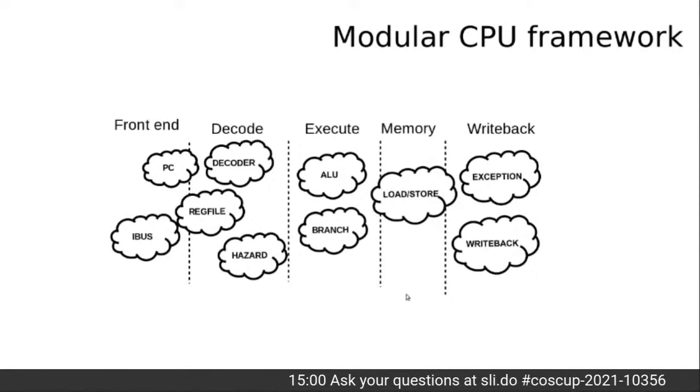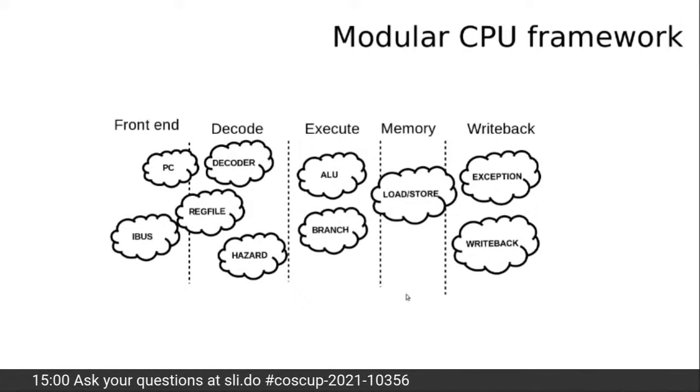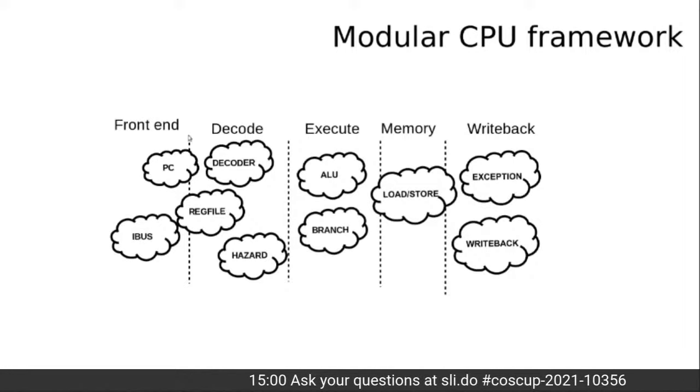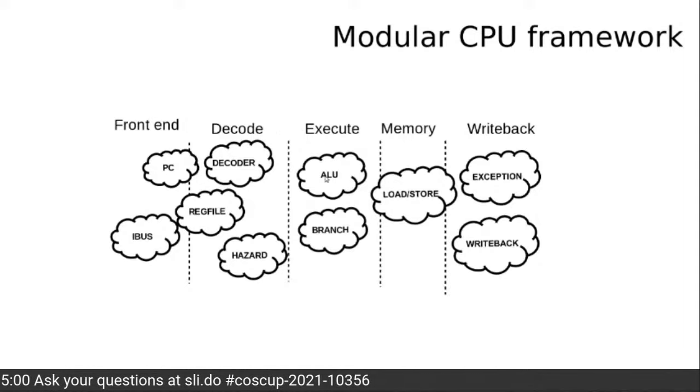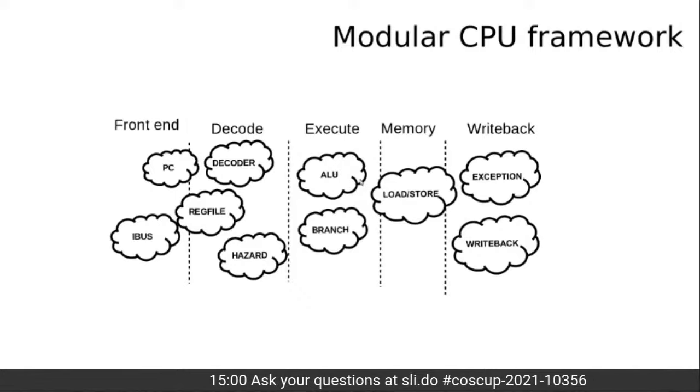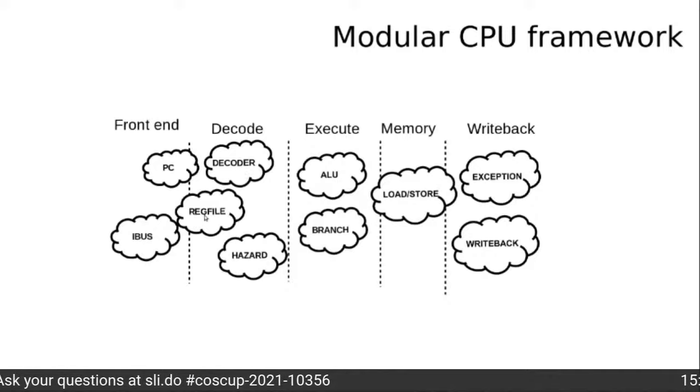Let's try to model the structure of our CPU in software and then generate the hardware corresponding to it. So the CPU here will be a simple CPU, 5-stage, with front end to read the instructions and decode, execute, memory, write back. That's a stage structure, and on that structure you will have some different elements to add behavior like the integer ALU, branch, load and store, decode, register file.